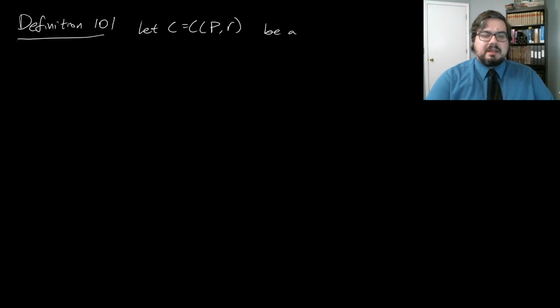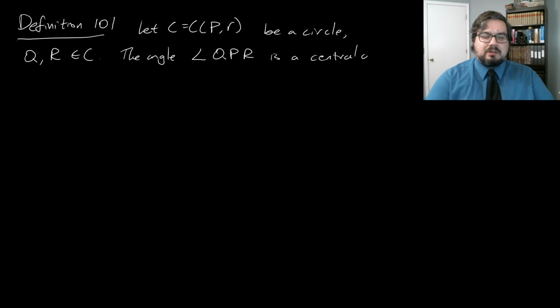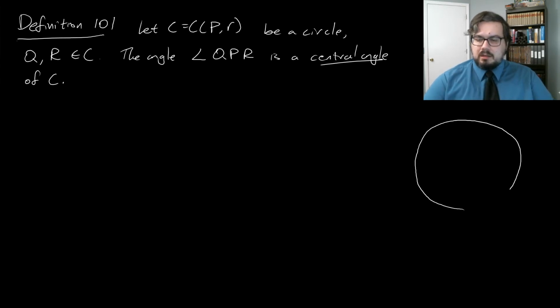Definition 101. Let C be a circle with center P and radius R, and Q and R points in C. The angle QPR is a central angle of C. So let's get a picture here and annotate it as we go.